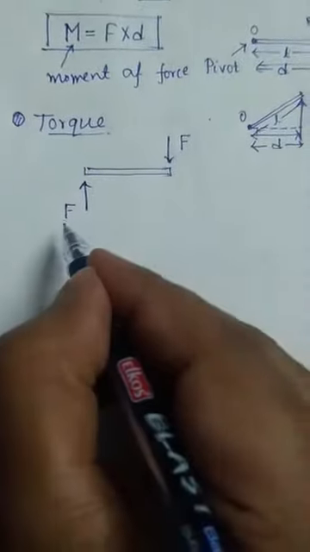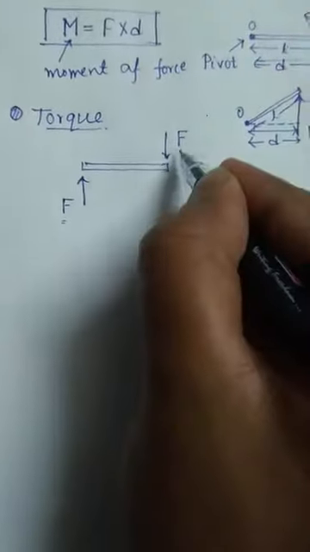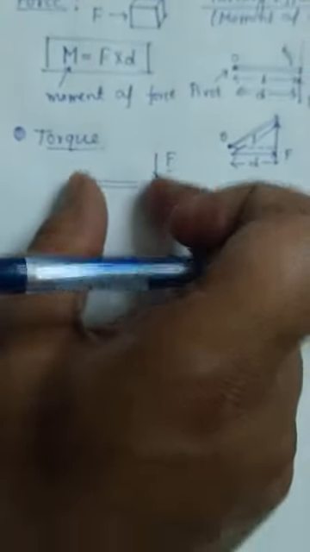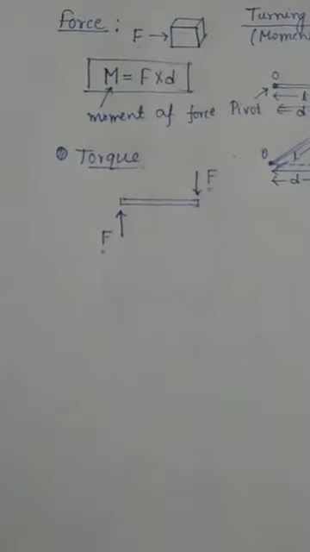You have to keep one thing in mind, that these two forces must be of the same magnitude. If these two forces are of different magnitude, then there will be a different type of motion. That means the rod will go along this direction or along this direction. It will rotate, but it will be displaced also. So how is torque defined?